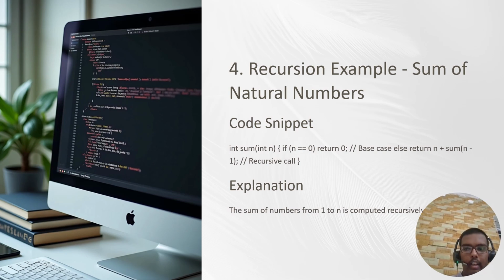Now else, in the else part we return n plus sum of n minus 1. Here we wrote sum, and the initial function was sum. Now n plus again n minus 1, plus it repeats itself again and again till the n equals 0 condition is reached.